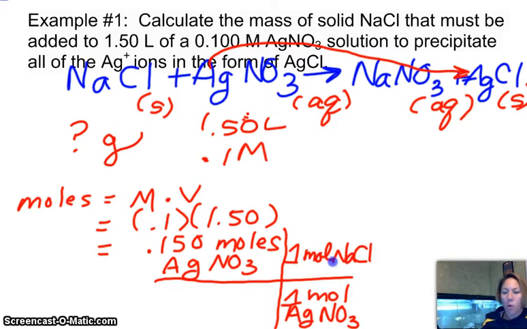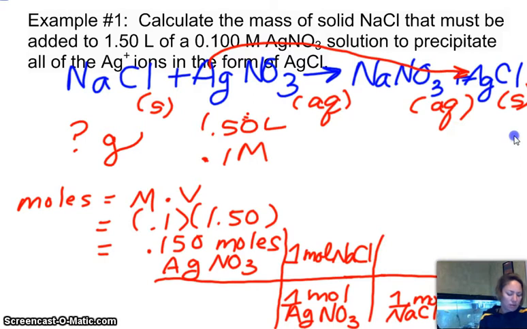So that'll give me my moles of sodium chloride, and they wanted grams. So I'll just continue this. 1 mole of sodium chloride, I think it's 58, but let me calculate it real quick. 22.99 plus 35.45.